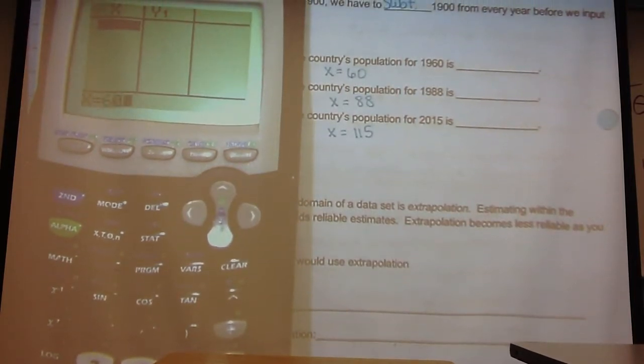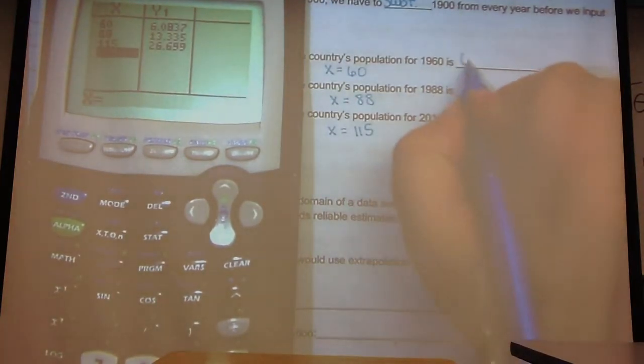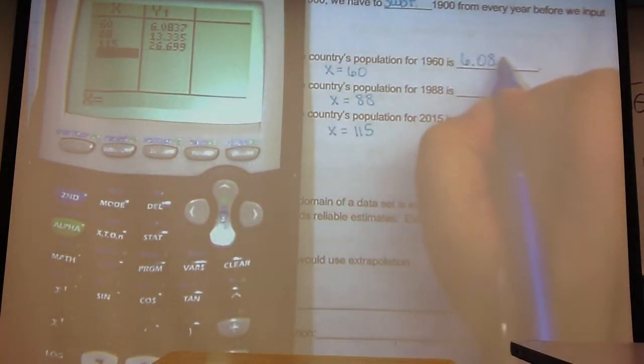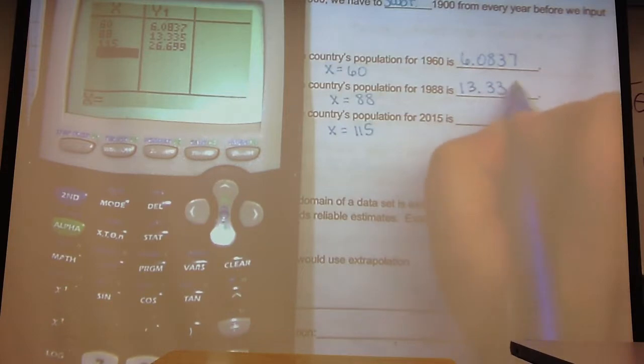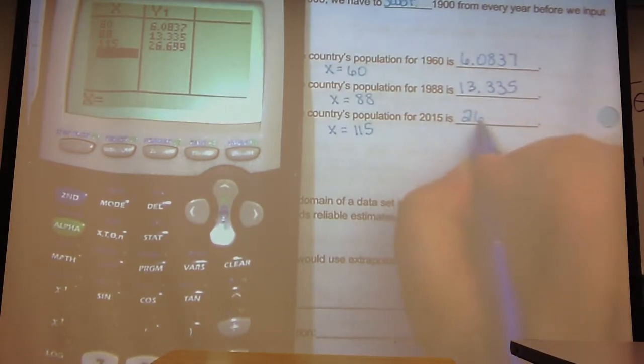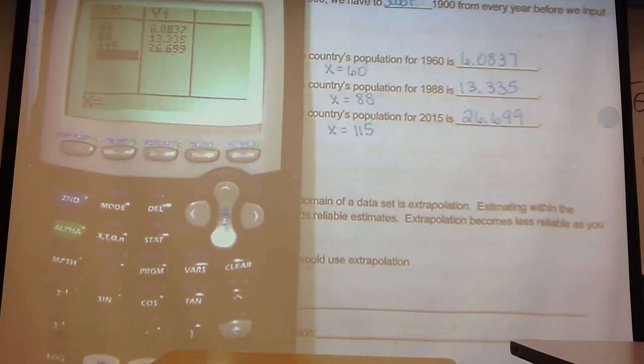So go back to second graph, so your calculator screen looks like that. Type in 60, 88, and 115. And those are your answers. 6.0837, rounded to 4 decimal places if it gives it to you, and 26.699. What'd you think?